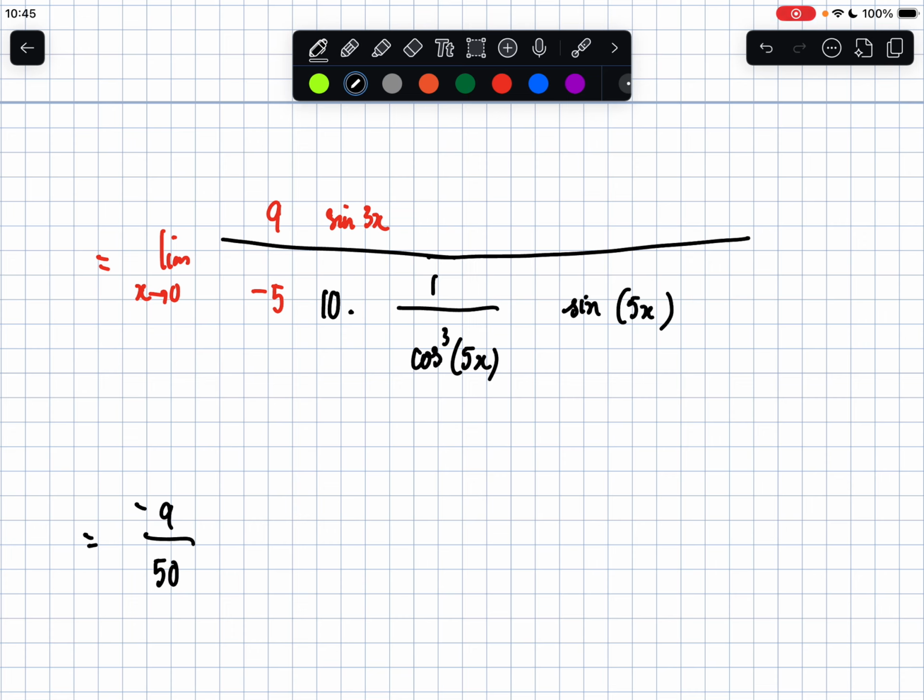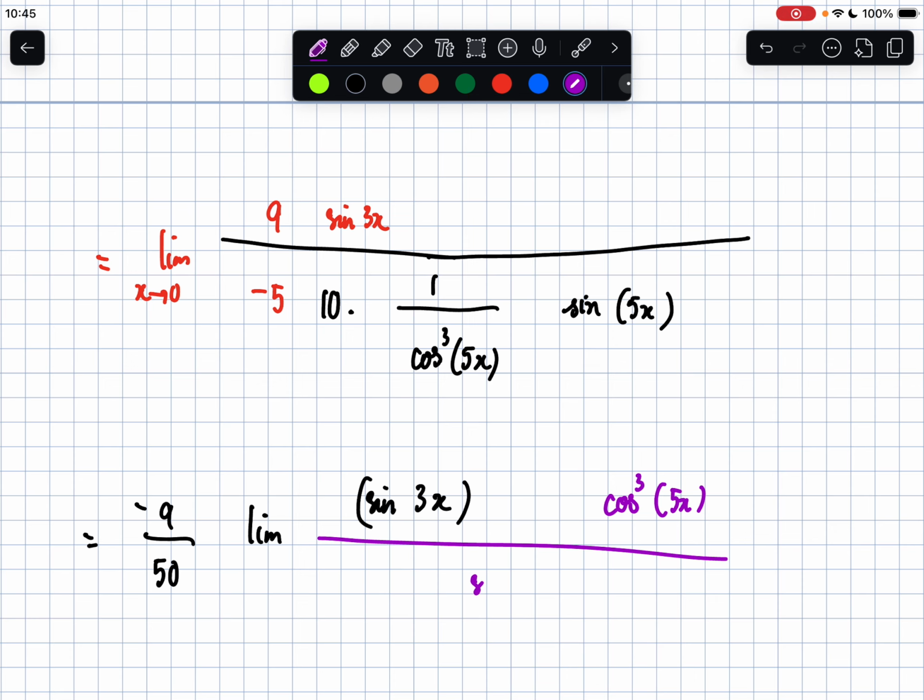Then you have limit sine 3x. This one divided by that, so I multiply the cosine cube 5x divided by sine 5x.